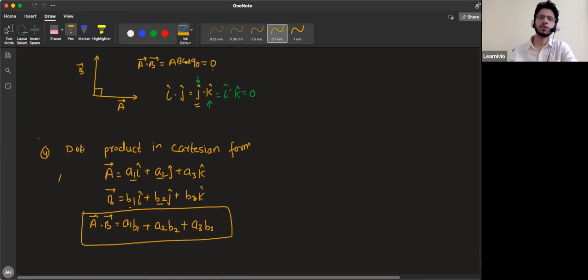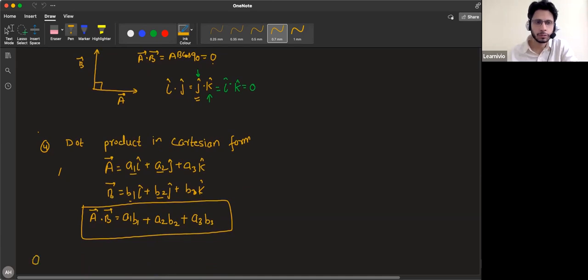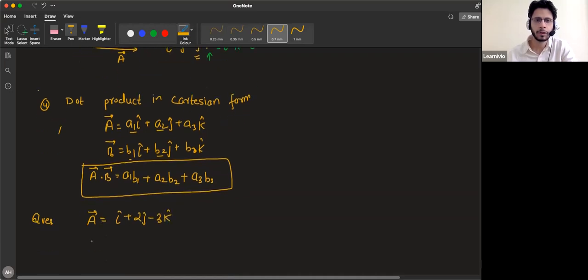So let's start with some numericals based on this calculation. Let's do this numerical. You have a vector A, which is I cap plus 2j cap minus 3k cap. And you have a vector B, which is I cap minus xj cap plus 4k cap.